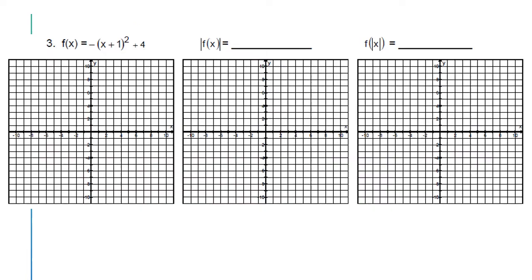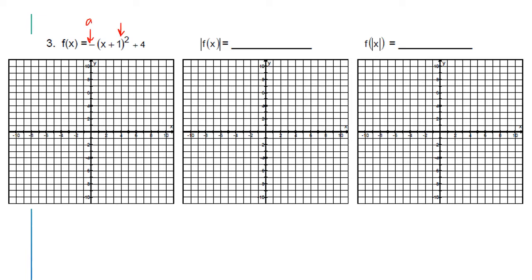Okay? Okay, so problem 3 on your review is a combination of transformations and absolute value, working with absolute values. And so if you look here, we're going to identify the transformation variables that we have. So the negative, that's going to be our a.